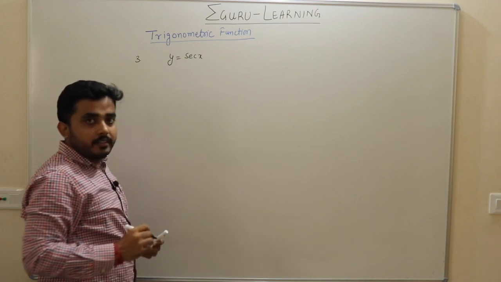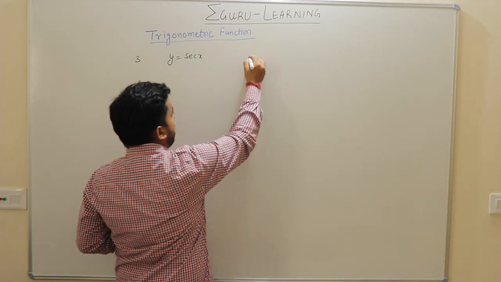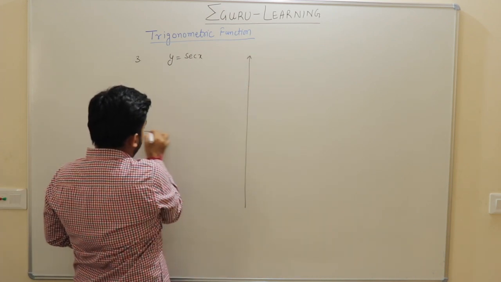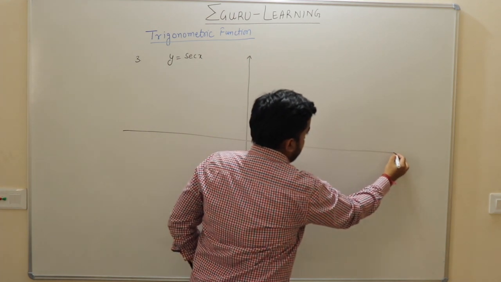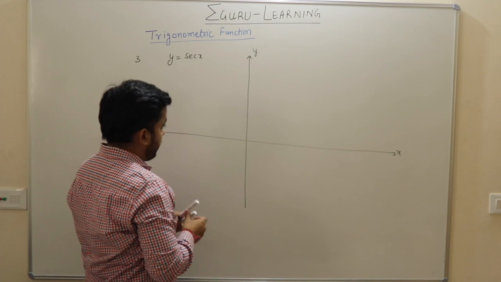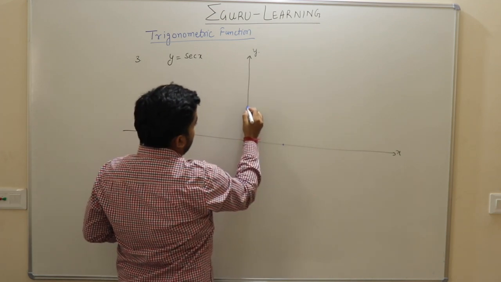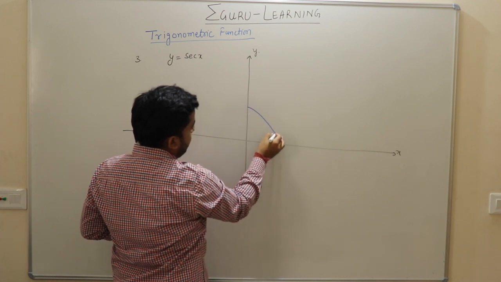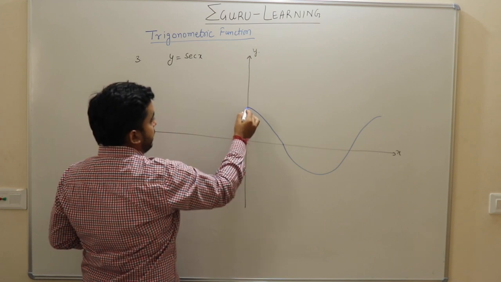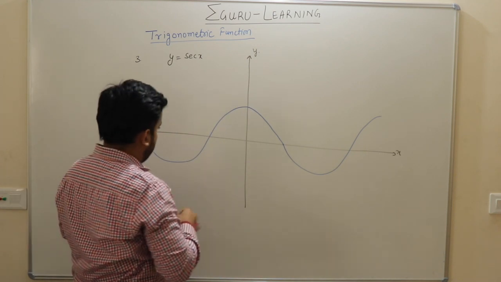We know that the secant is the reciprocal of cosine of x. Okay, first let us draw the graph of cosine of x to draw the graph of secant x.